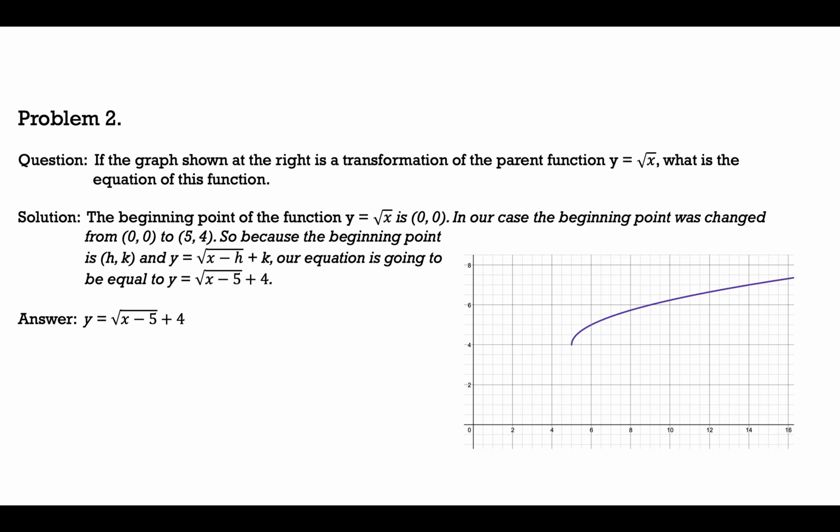So in our case, the beginning point was changed from 0, 0 to 5, 4. Because the beginning point is h, k, and y equals square root of x minus h plus k, our equation is going to be y equals square root of x minus 5, plus 4. So that is our answer. And for what h and k represent, you just find them through the beginning point.